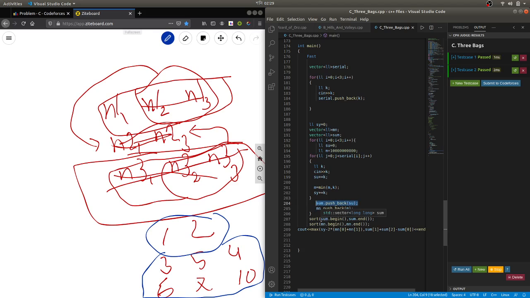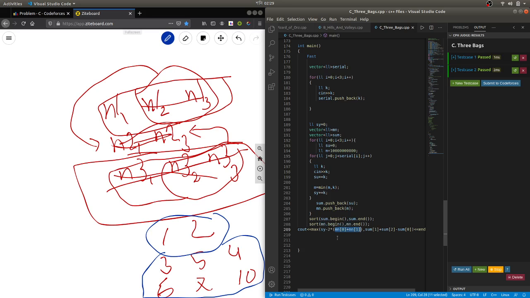So there are two ways. sy is the sum of the whole sequence, of all the elements. So I take the two lowest minimums and take them out of the remaining sum.